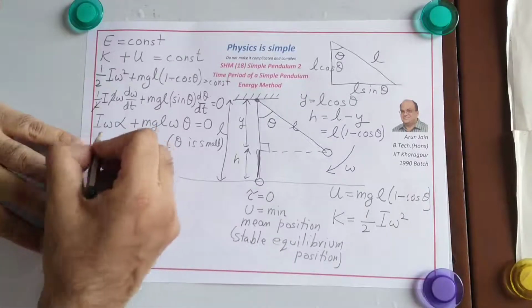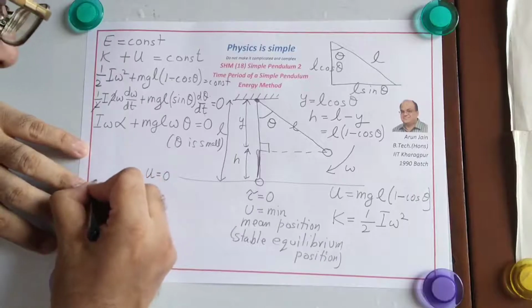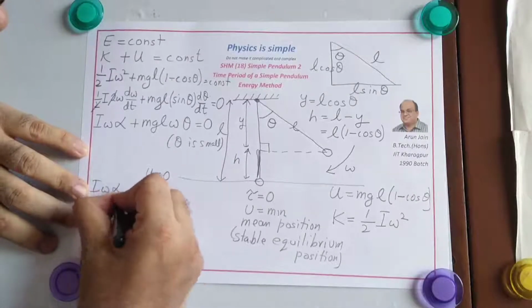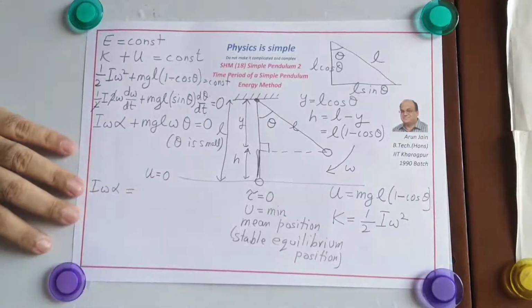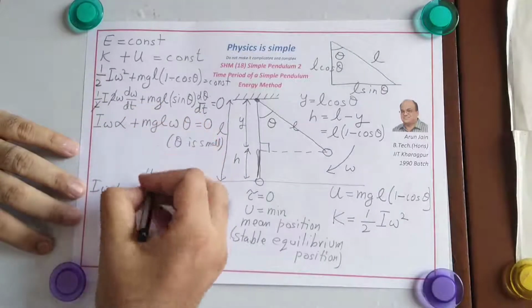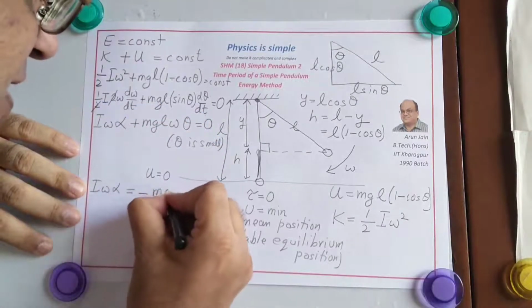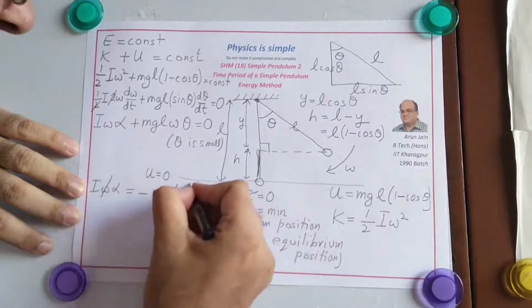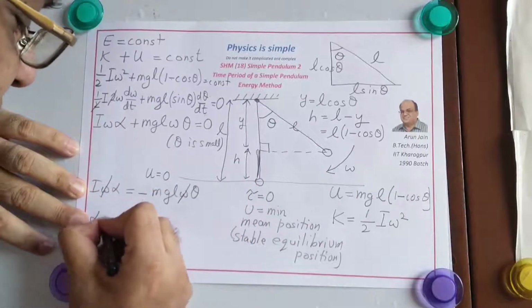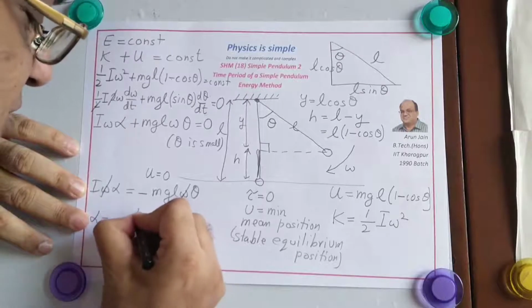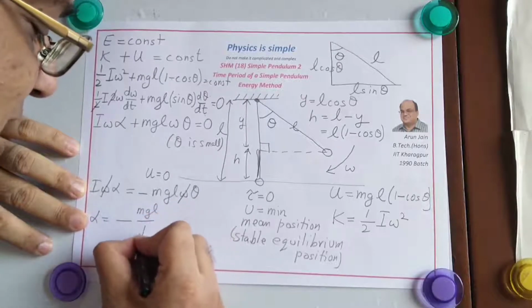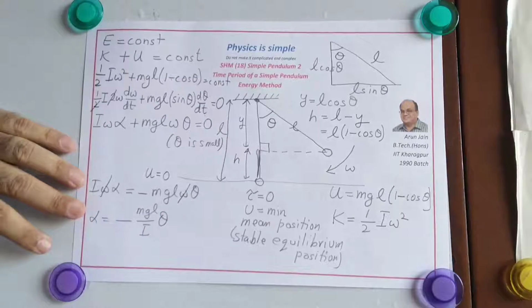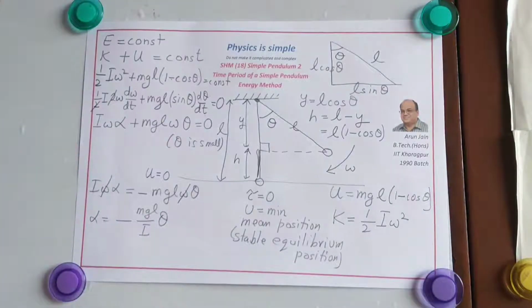So basically, I omega alpha is equal to minus mgL omega theta. Omega cancels out. Alpha becomes minus mgL by I into theta. I is mass into distance square.